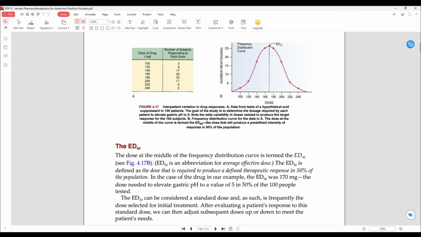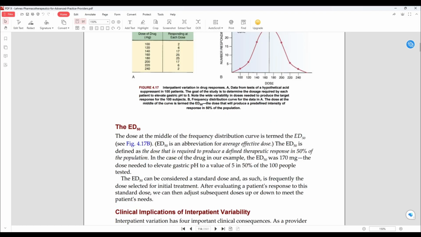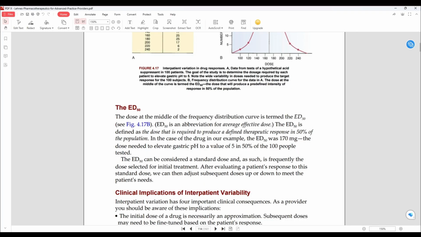The dose needed to elevate gastric pH to a value of 5 is 50% of the 100 people tested. The ED50 can be considered a standard dose, and as such is frequently the dose selected for initial treatment. After evaluating a patient's response to the standard dose, we can then adjust subsequent doses either up or down to meet the patient's need.